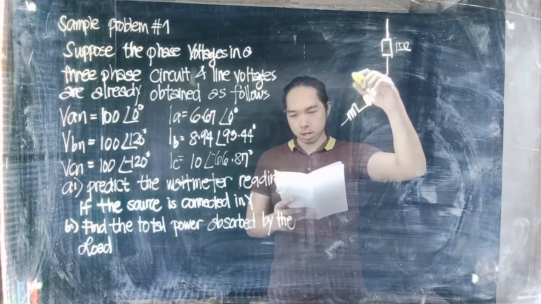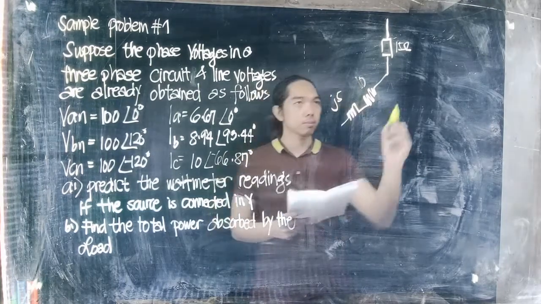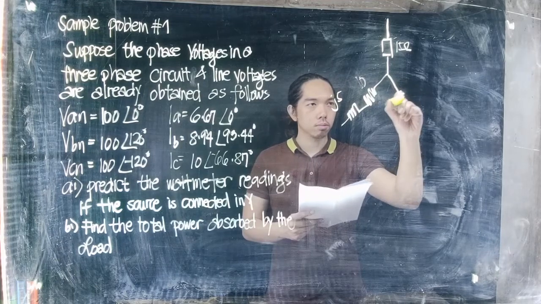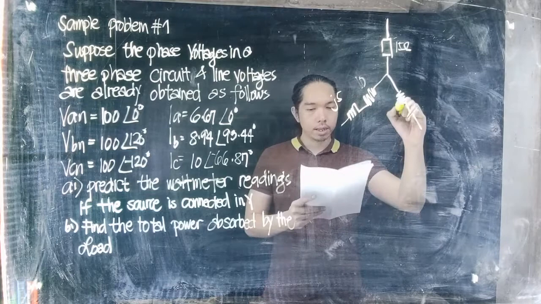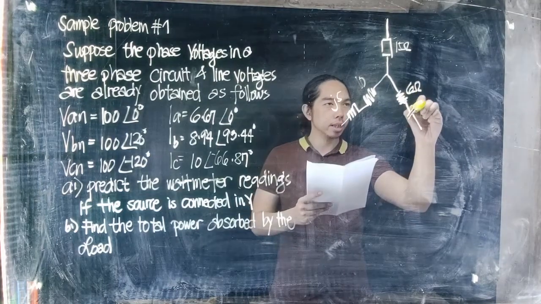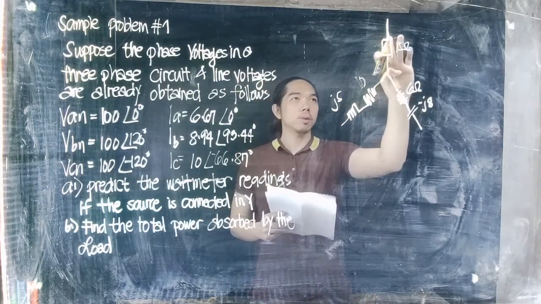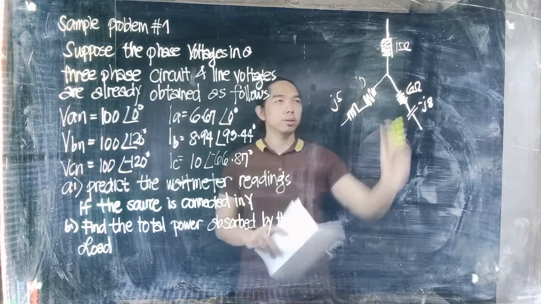So this is 10 ohms, this is J5. This is 6 ohms, and this is negative J8. So actually, it should be a resistor, so it should look like this.